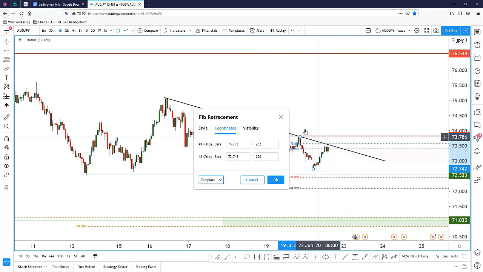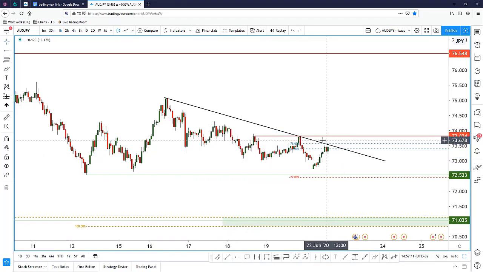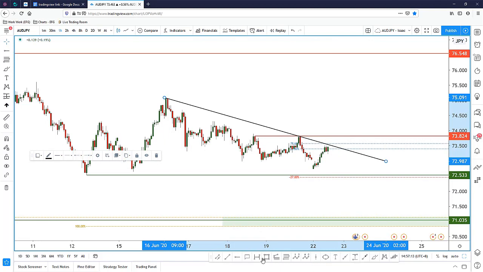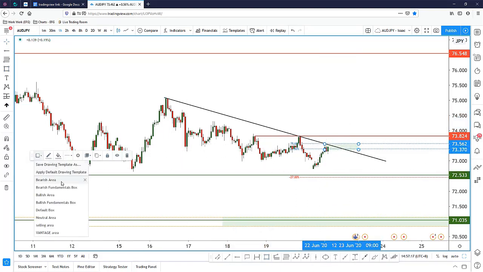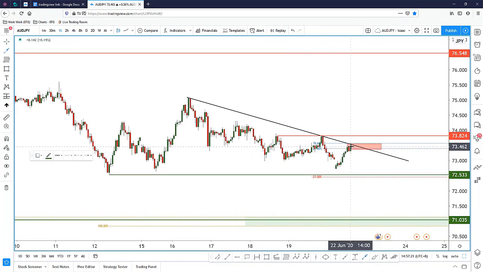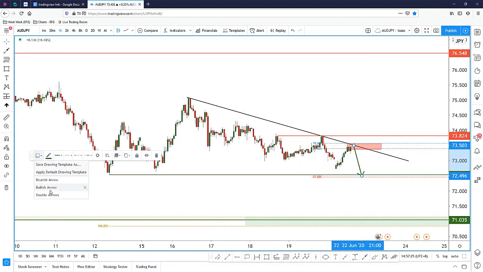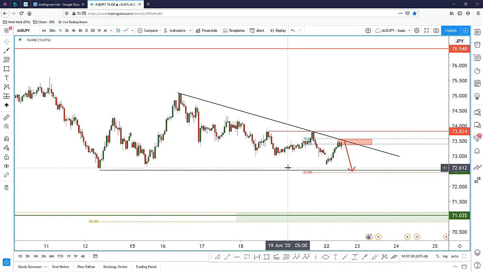So what I want to do is highlight these levels, the 78.6 and the 61.8, and just the negative 27. Okay, so anywhere in this zone for me is a good place to go short. Anywhere in this zone is a good place for me to go short, and I'll go short to at least this level, the negative 27, which is the 4-hour take profit target, right?